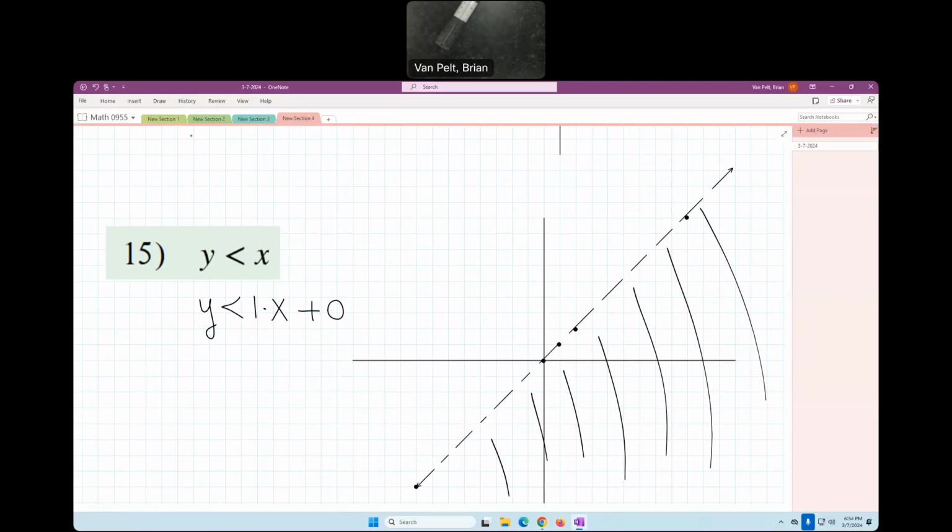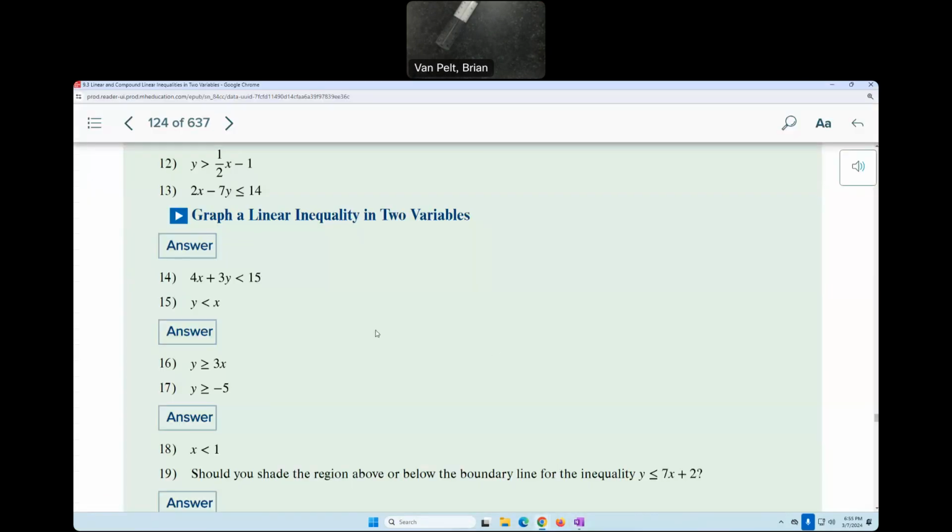All right, so now for the other unusual situations that come up. There is this one right here: y is greater than or equal to -5.